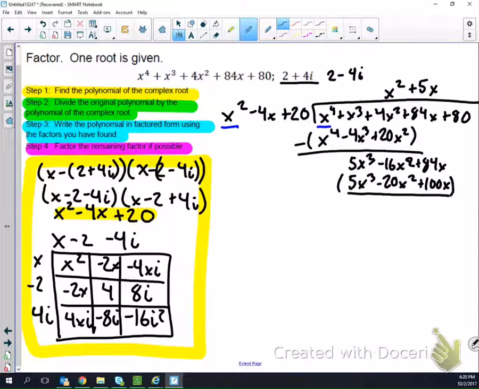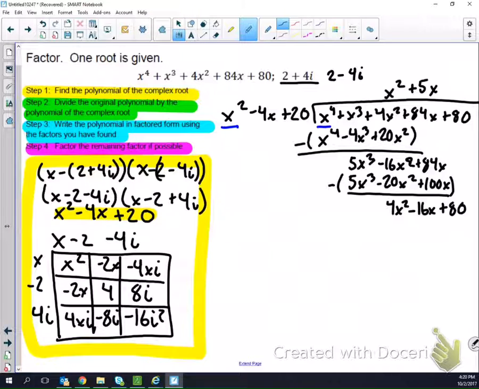We're subtracting all of that. So 5x cubed minus 5x cubed is 0, negative 16x squared minus negative 20x squared, so we'll get 4x squared. 84x minus 100x, so a negative 16x. And drop down the 80.